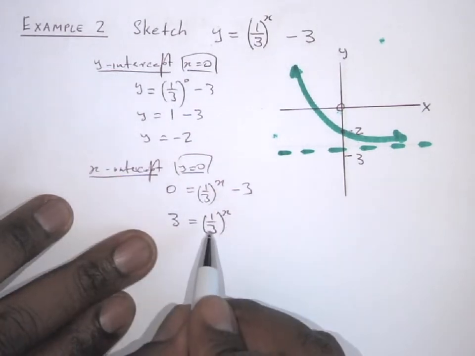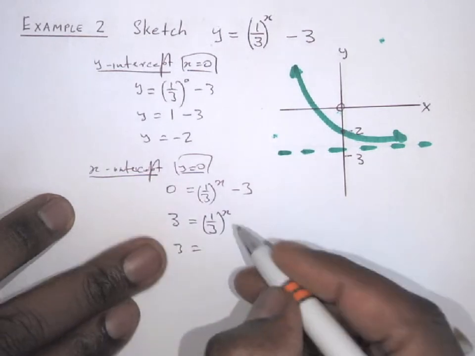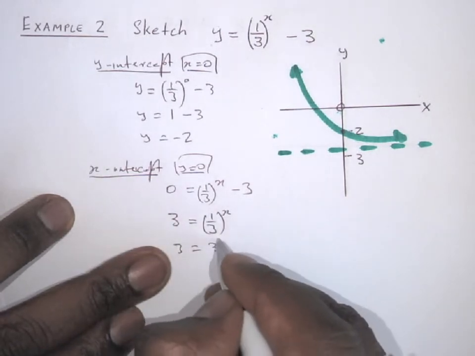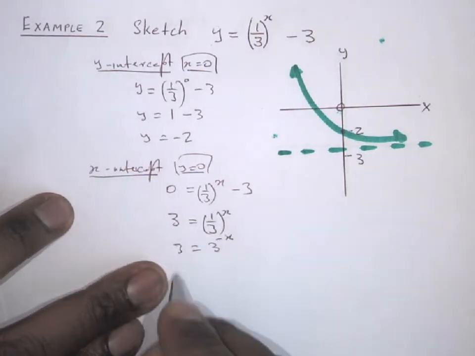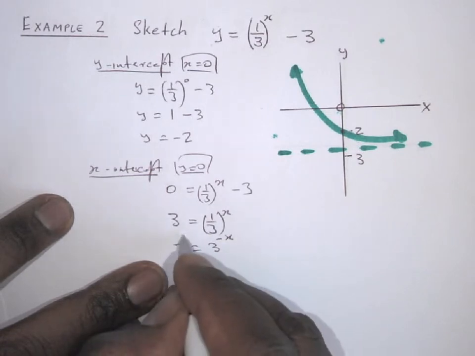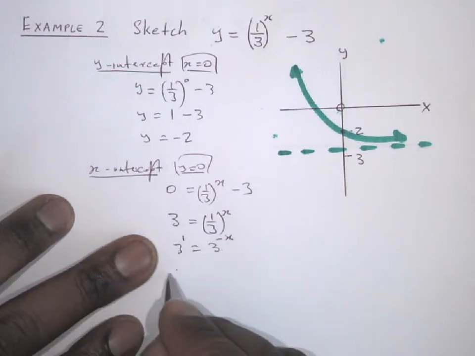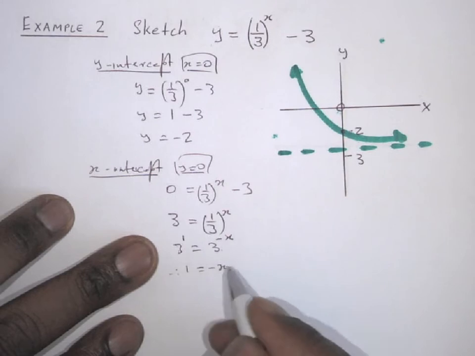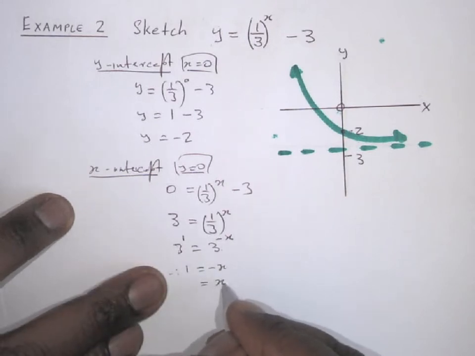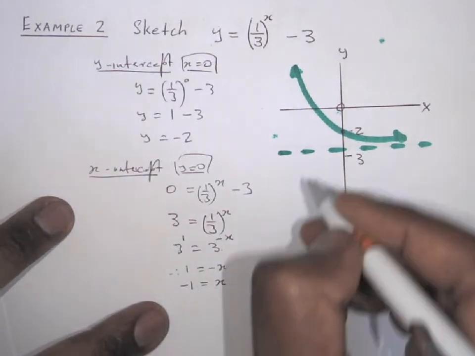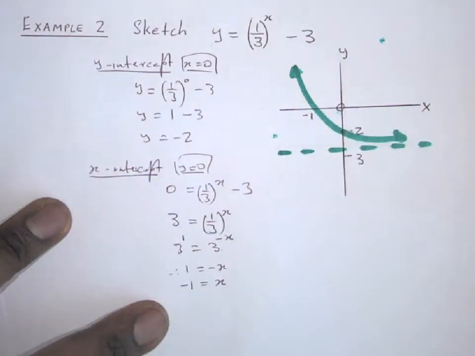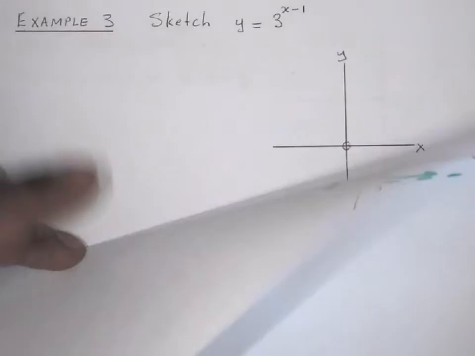Trying to solve for x, I can raise this up, so it's 3 exponent negative x. Note that the exponent of 3 here is 1. So 3^1 is the same as 3^(−x), therefore 1 is the same as minus x, which means that x is equal to minus 1. So the graph is cutting at minus 1 over there. Let's look at another one.